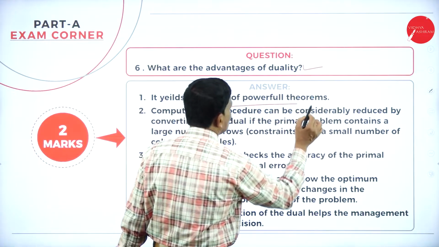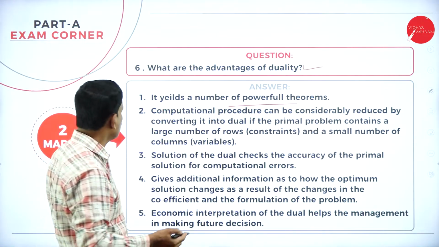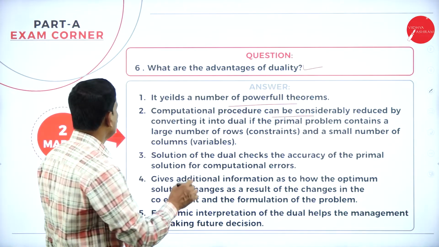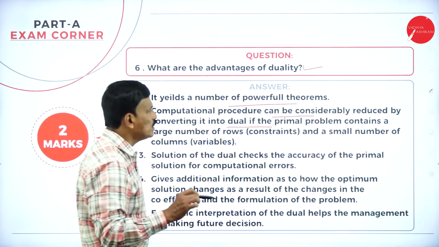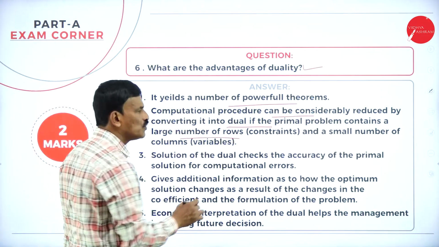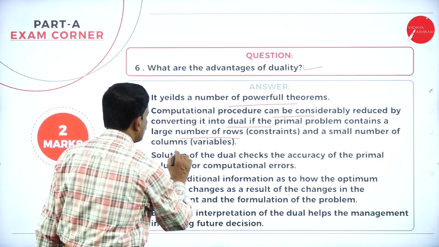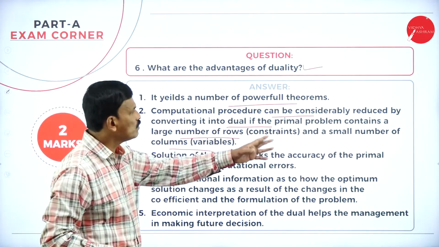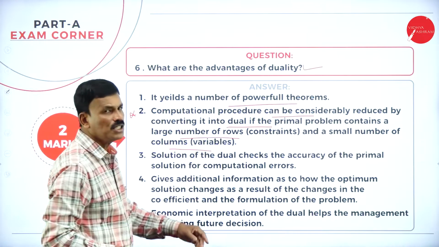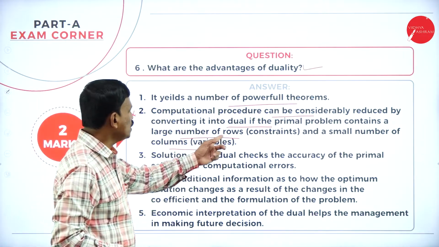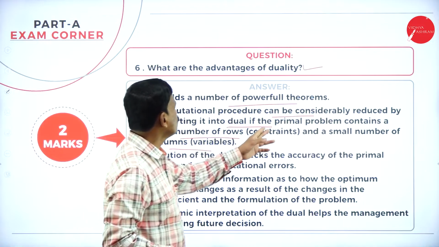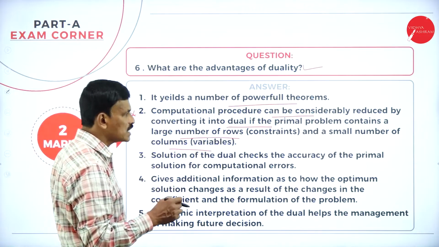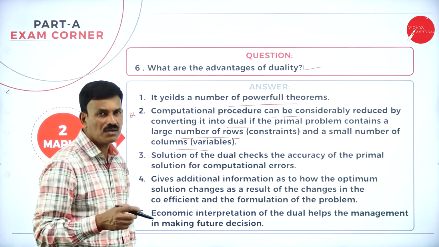It yields a number of powerful theorems. Computational procedure can be considerably reduced by converting into the dual if the primal problem contains a large number of rows, that is constraints, and a small number of columns, that is the variables.